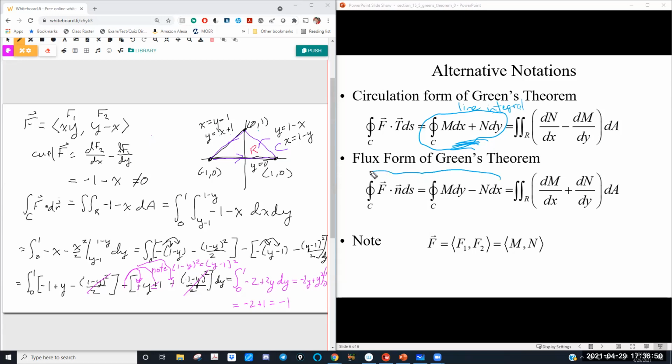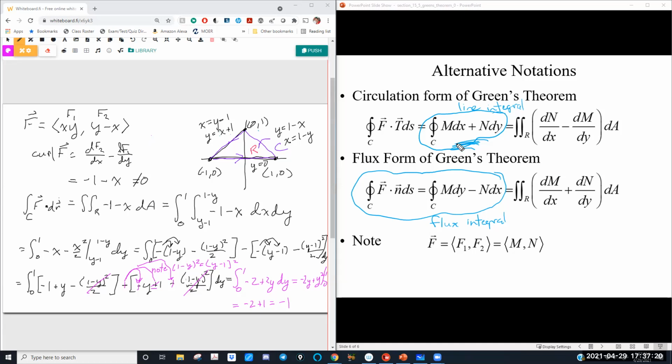Similarly, either of these notations is what's telling you you're looking at a flux integral. The M and the N are just the components of our vector field. We could have easily put F1 and F2 in those spots, okay? This is just using some notation that's in the book. But again, I want you to be familiar with these notations.